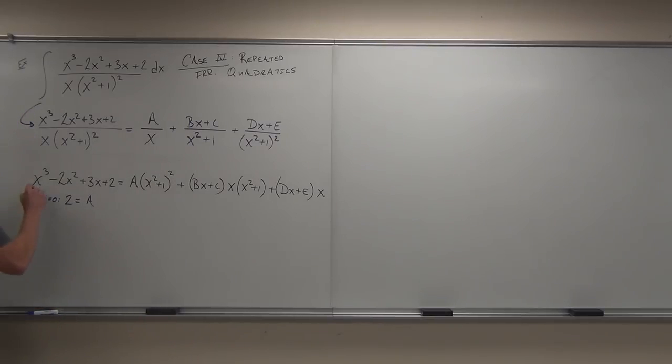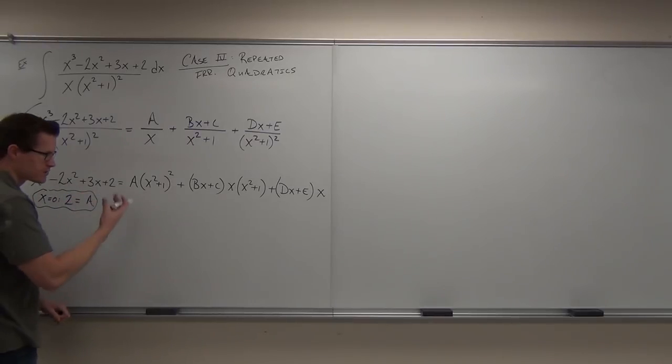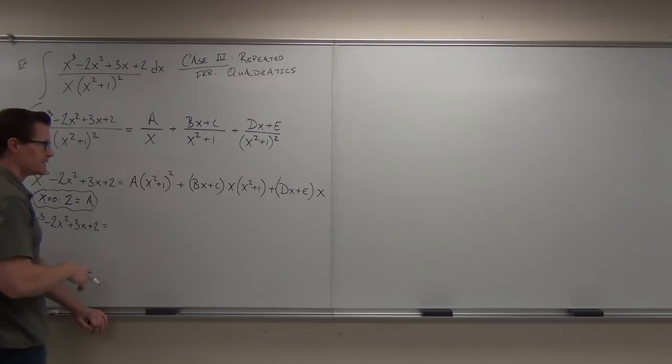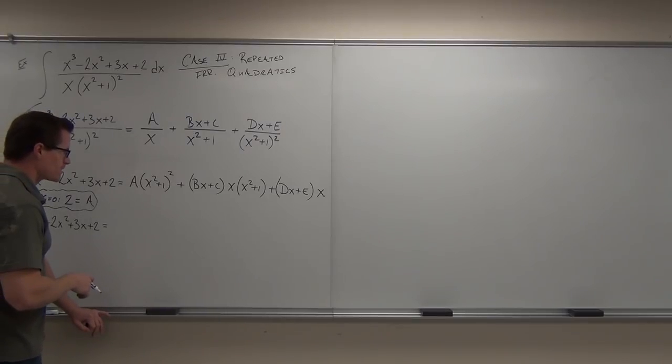So I'm going to leave this off to the side here. Okay, I know A is 2. That's actually going to help us a lot. That's good. This will be fun.